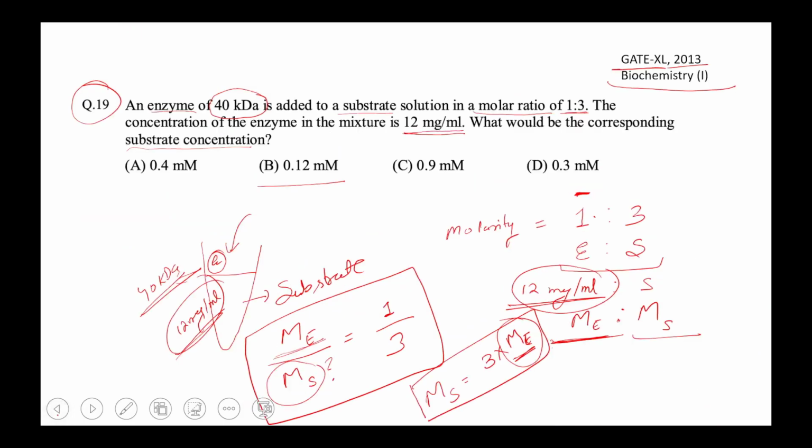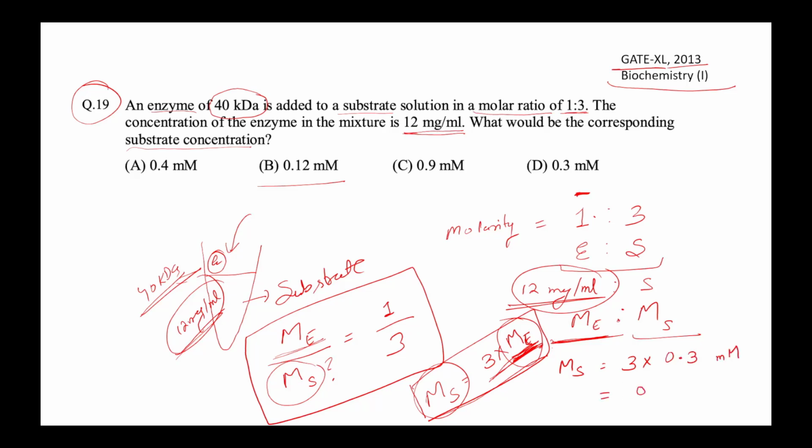Now our equation was this: to find the substrate concentration, it will be 3 times the enzyme's molarity. So the substrate molar concentration Ms is equal to 3 into the enzyme's molar concentration, which is 0.3 millimolar.